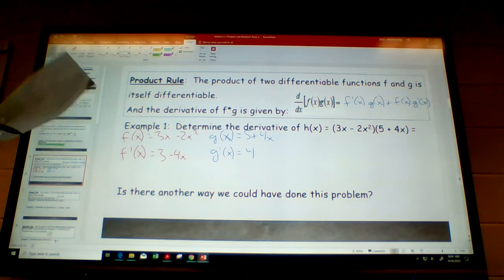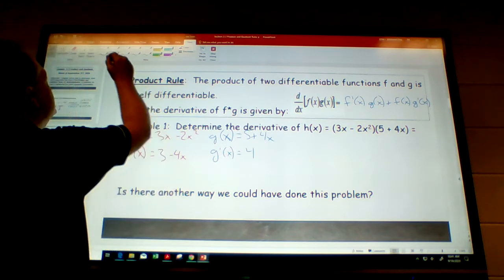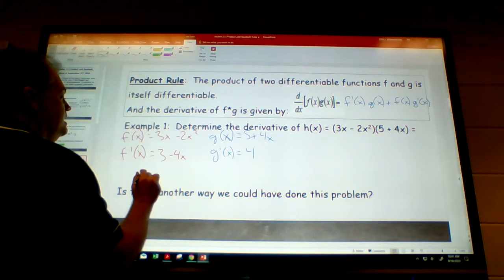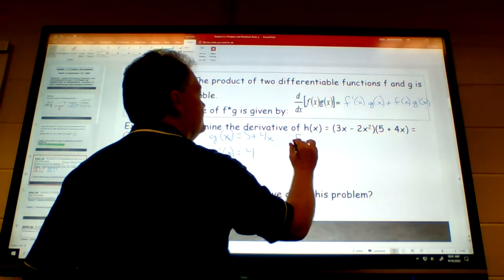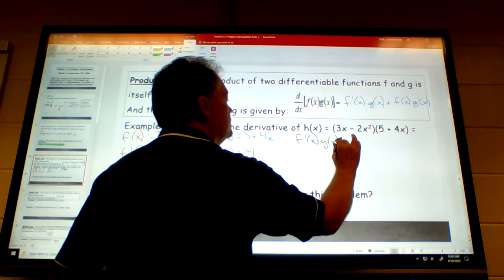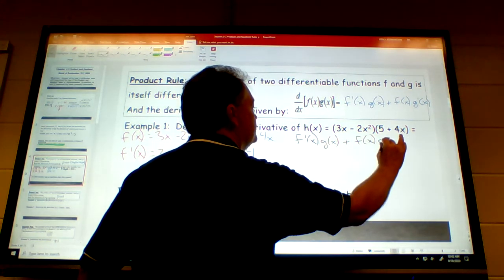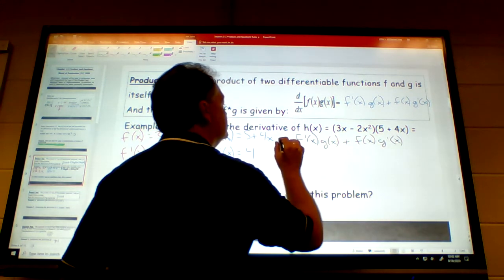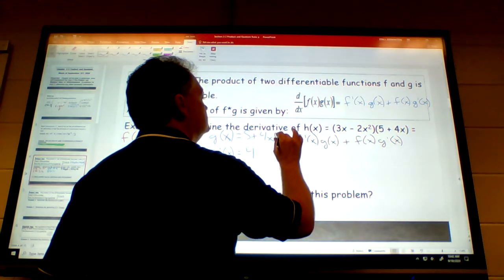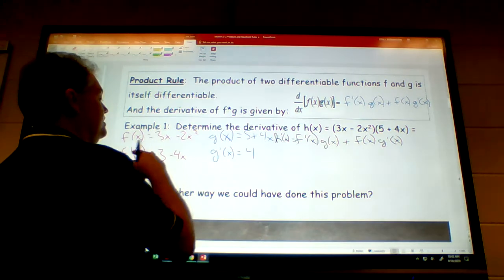So according to this, h prime of x is going to be as follows. f prime of x times g of x, plus f of x times g prime of x. All right, so all I have to do is plug these components in.